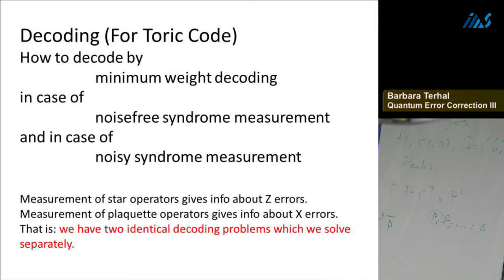So it depends a bit on your error model. There's some optimization you could do. But in principle, you could just say, I'm looking at the Z checks and I determine what's the most likely X error that I infer, and I'm looking separately at the X checks, and I look at what's the most likely Z error, and I don't look at possible correlations between those.